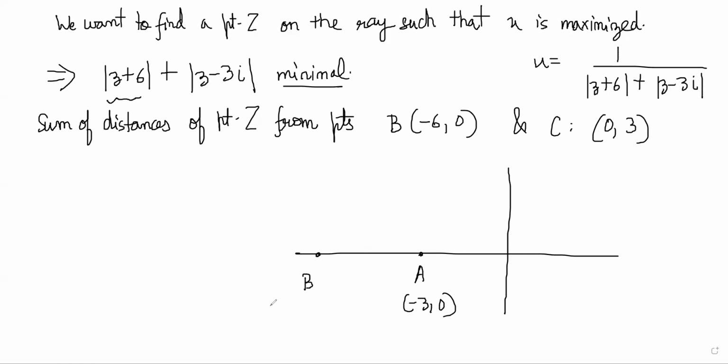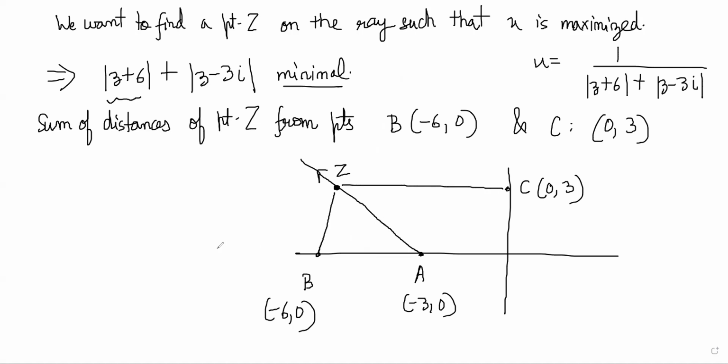B point is here, minus 6 comma 0. And C point is here, 0 comma 3. And Z lies somewhere on this line. And this is my Z. So distance here and distance here. I want to minimize these two distances.